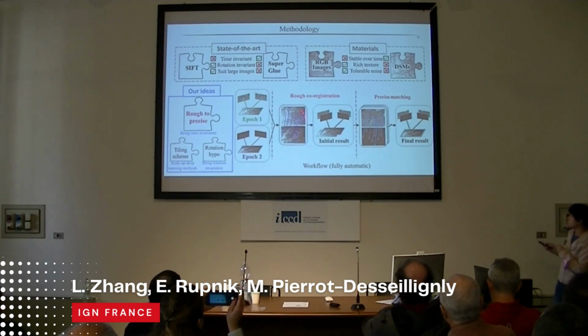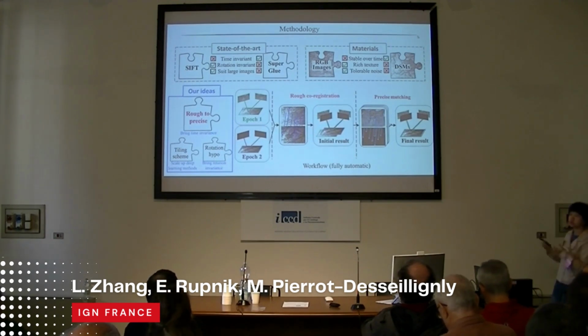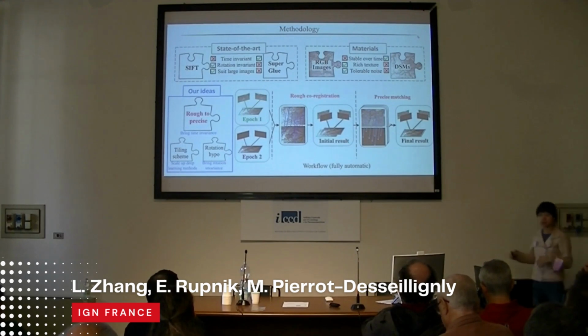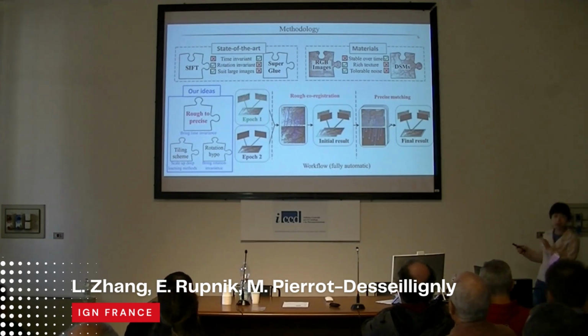We match these DSMs, and it gives us an initial result that is robust but not precise enough. Then we do the precise matching to improve the precision, based on matching the RGB images. This leads to our first contribution, which is to bring time invariance to our solution.